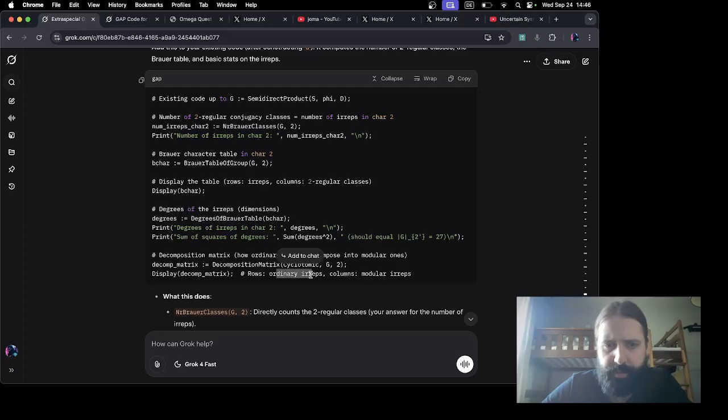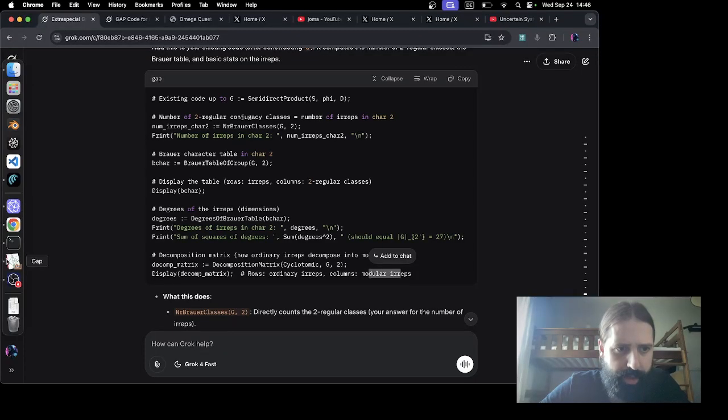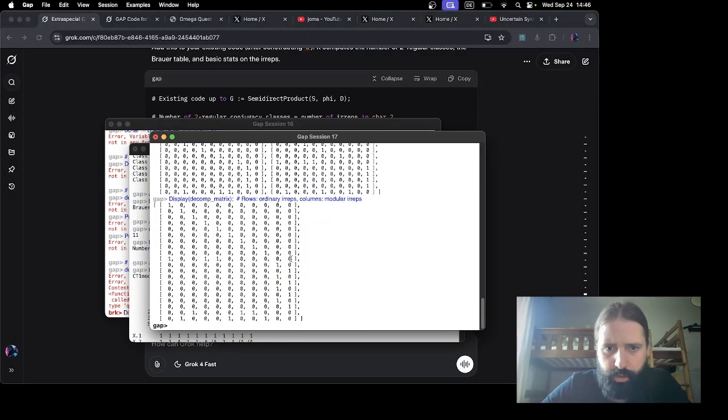Ordinary irreps. Wait, so there's the decomposition, because I didn't read this carefully. And now here it says there's a decomposition matrix. The rows are the ordinary irreps and the columns are the modular irreps. So maybe we were already there, because we have these.